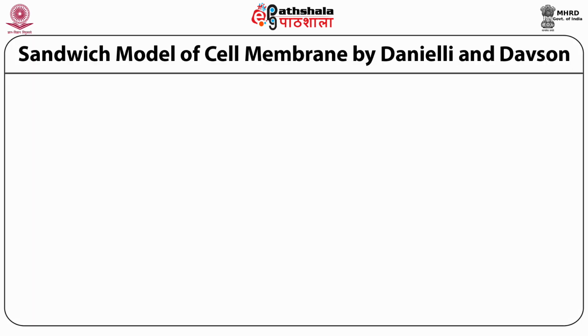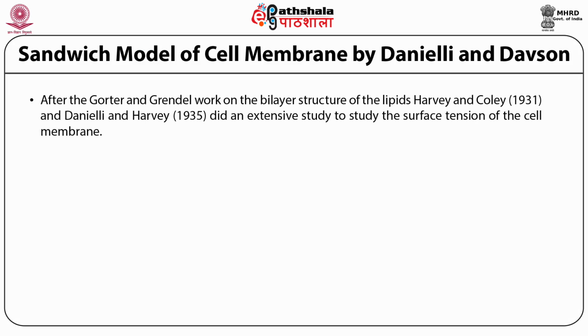Now coming to the next model, which is the sandwich model of the cell membrane, proposed by Donnelly and Davison. After the Gorter and Grendel work on bilayer structures of lipids, Harvey and Cole in 1931 and Donnelly and Harvey in 1935 did an extensive study of the surface tension of the cell membrane.